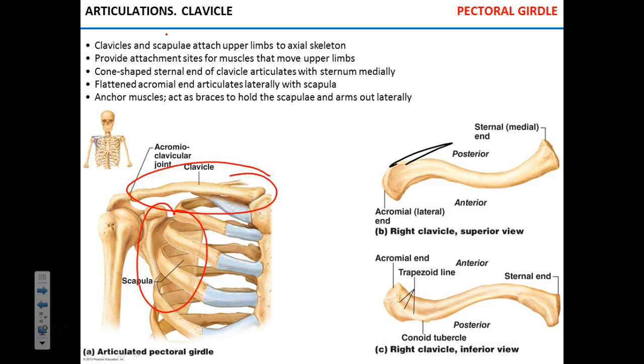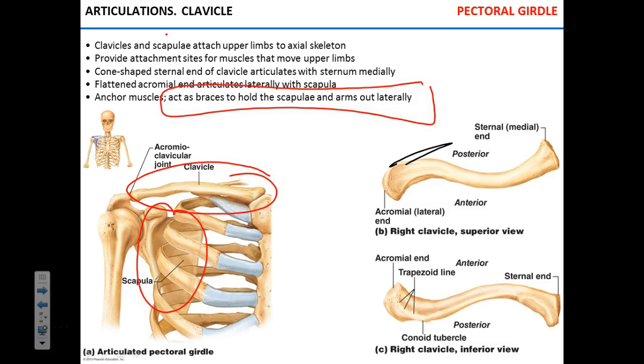Now, the clavicle provides the bracing action to keep the arms to the side. Okay, so the clavicle works as a brace.